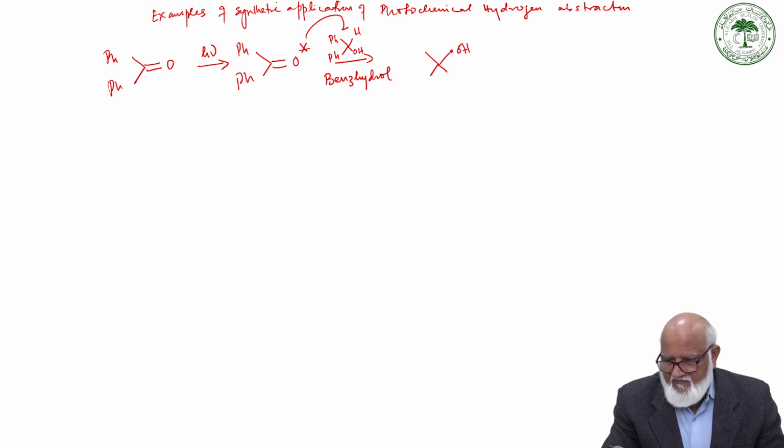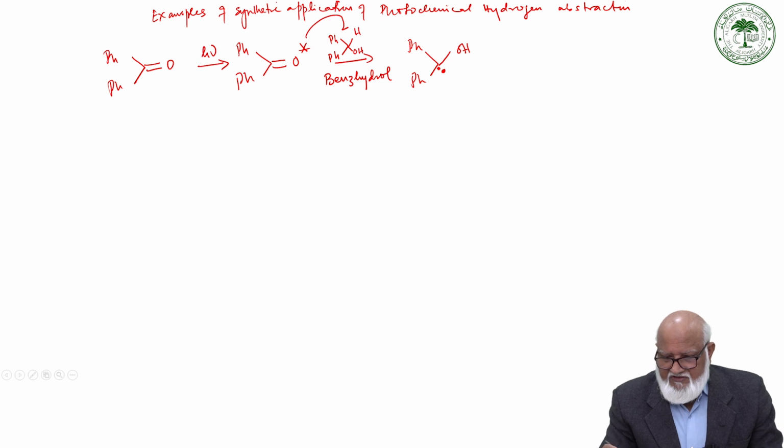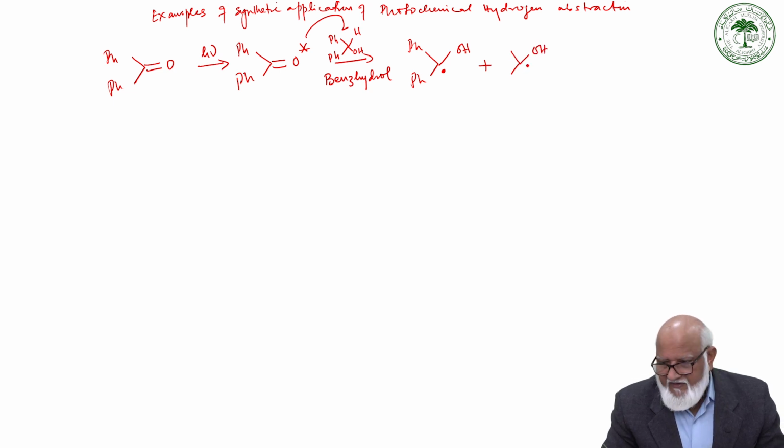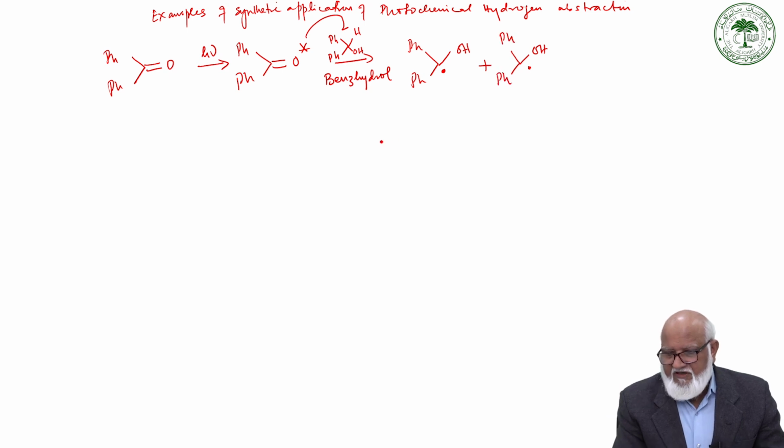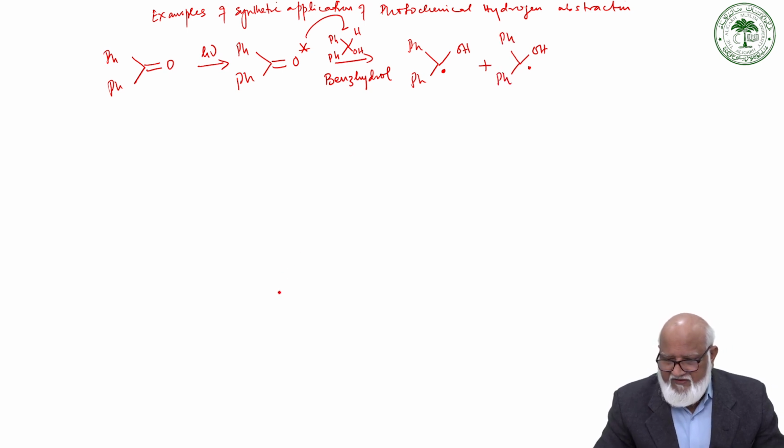OH, Ph. So this radical plus, and from this one OH, and then we get a Ph. So we get a pair of these radical species called a ketyl radical pair. This is ketyl.